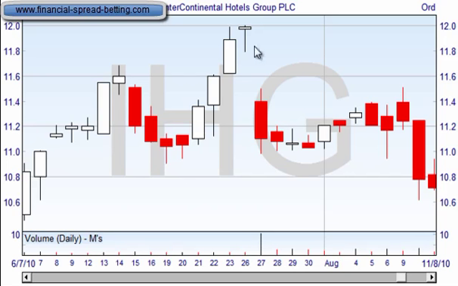What the wick represents is the intraday movement of that particular day's trading. So the intraday movement actually went lower, to around 11.14, and went higher, say, to 11.5.